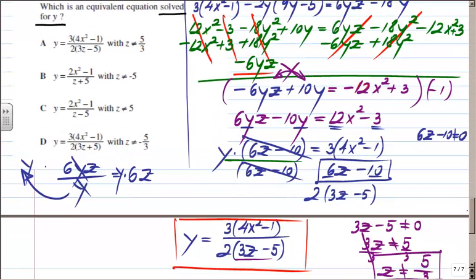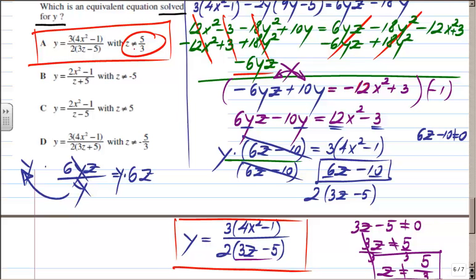And now I'm looking at my possibilities. Which one is the same as this one? A, y equals 3 times 4x squared minus 1 in parentheses over 2 times 3z minus 5 in parentheses. And yes, guys, this is the right answer.